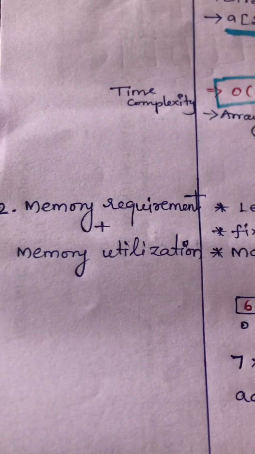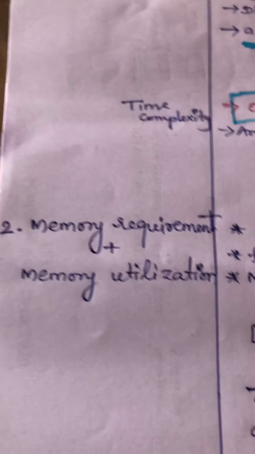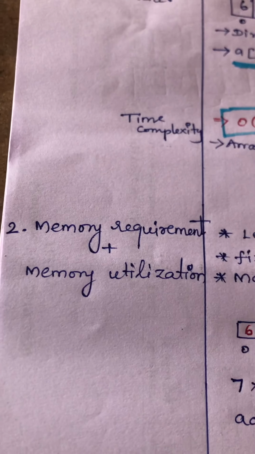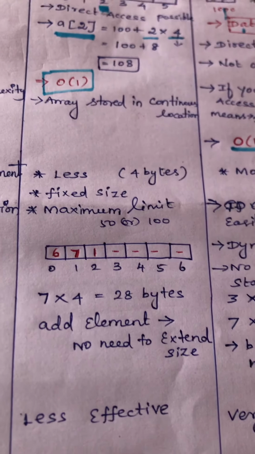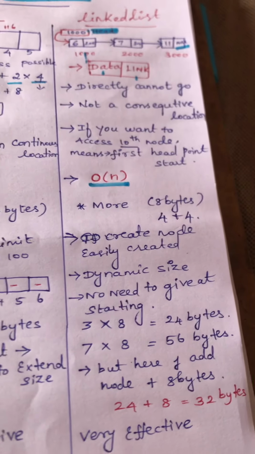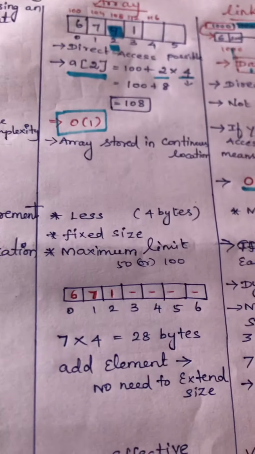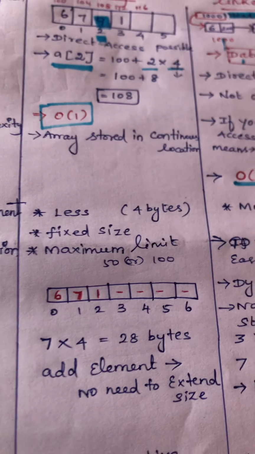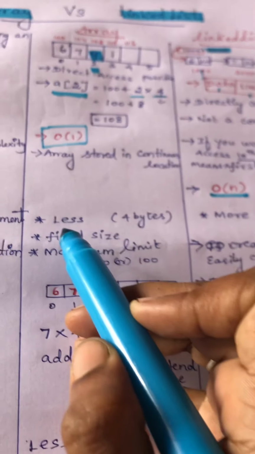The second factor is memory requirement and memory utilization. In an array the memory requirement is less, and in a linked list it is more, because an array element occupies only 4 bytes.